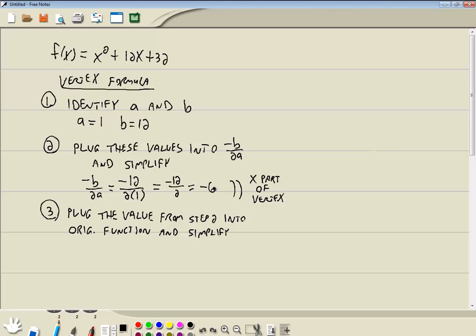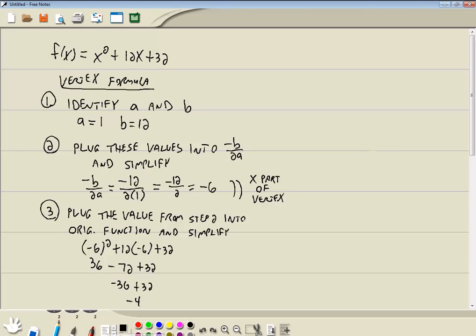So we said it's negative 6, so we're going to plug that in for x in our original function. So we're going to have negative 6 squared plus 12 times negative 6 plus 32. Negative 6 squared is 36, minus 72, plus 32. 36 minus 72 is negative 36, plus 32, which gives us negative 4.